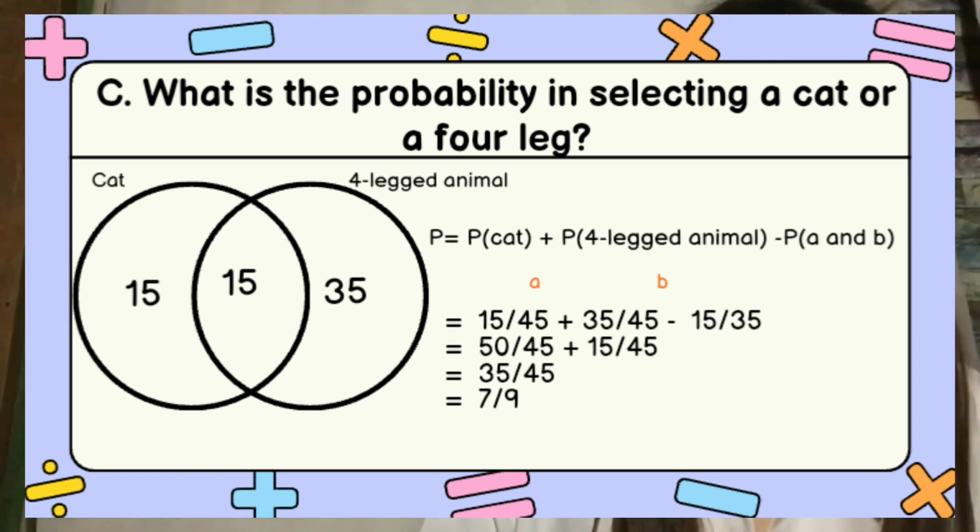Now to apply the formula, 15 over 45, as 45 is the total number of pets, 15 over 45 plus 35 over 45 minus 15 over 45, which equals 35 over 45, which can be simplified to 7 over 9. Now the chance of selecting a cat or a four-legged animal is 7 over 9.